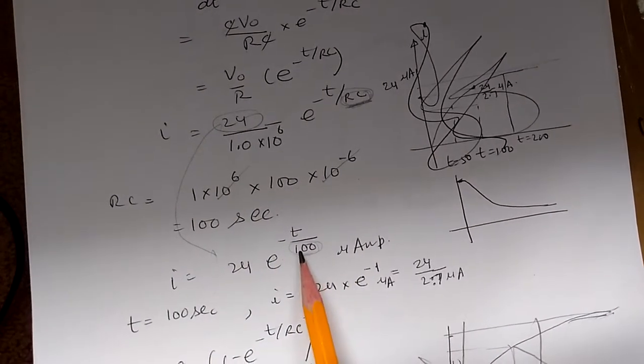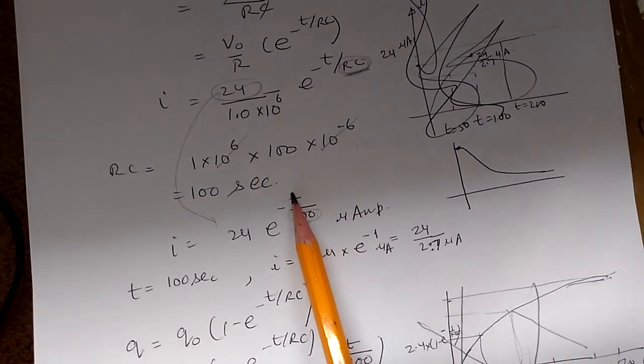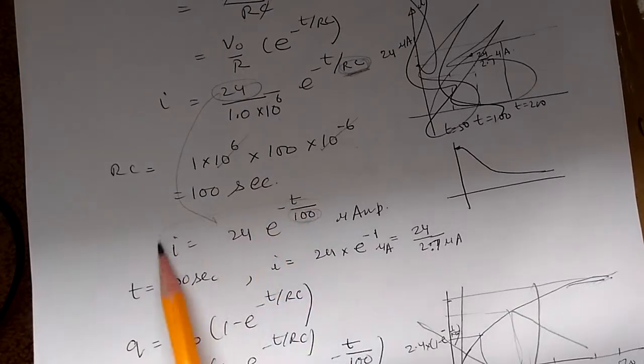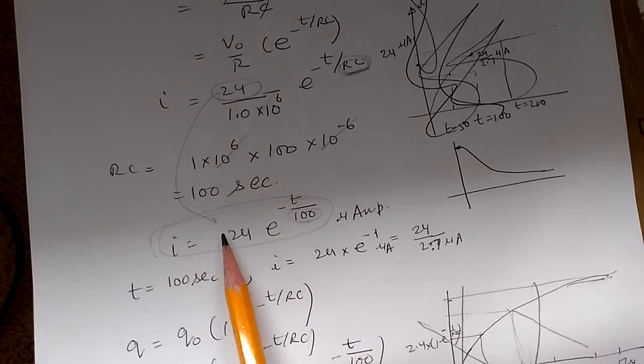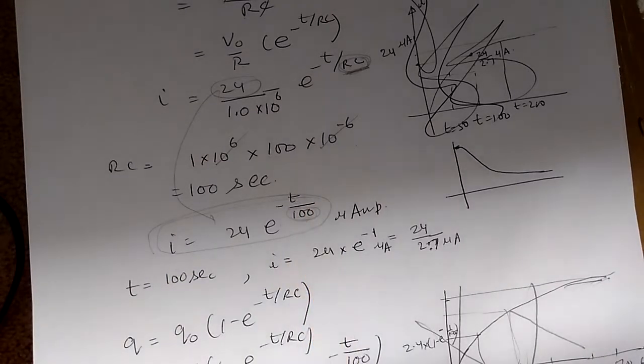It is easy to look at things in terms of the time constant to make this calculation easy. We need to plot the graph of I with respect to t, and for that we use the time constant on the x-axis.